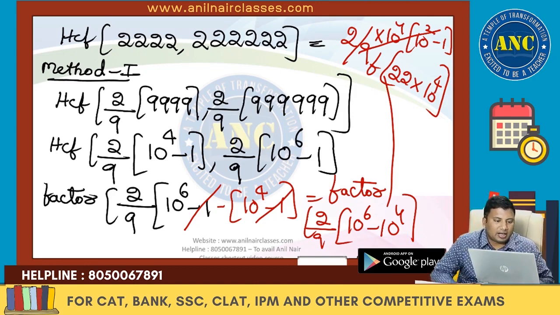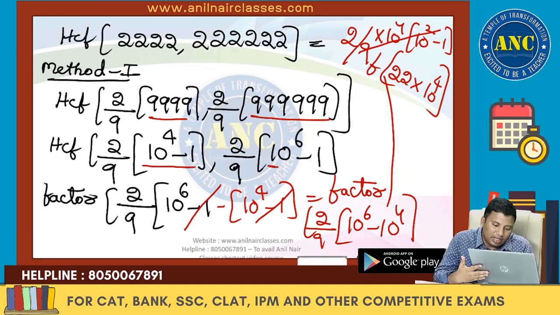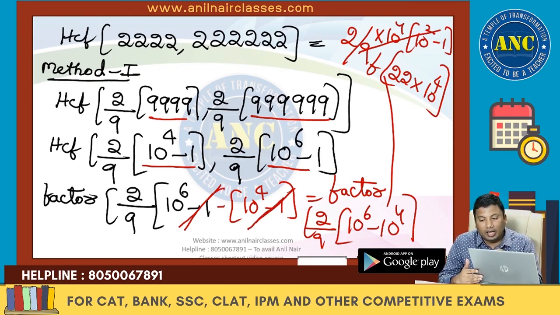This step is clear, right? 2 by 9 into 10 power 6 minus 1, minus 10 power 4 minus 1. 2 by 9 into 10 power 4 common, 10 squared minus 1. 100 minus 1 is 99. So the remaining is a factor of 22 into 10 power 4. I will write it down neatly in the next slide.